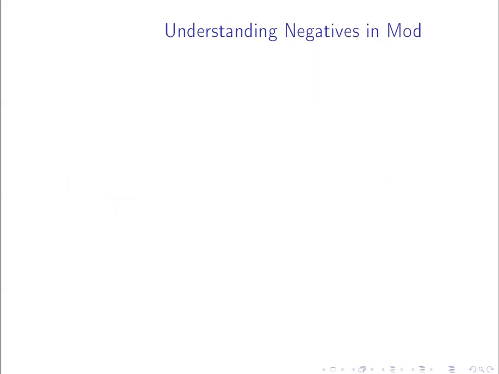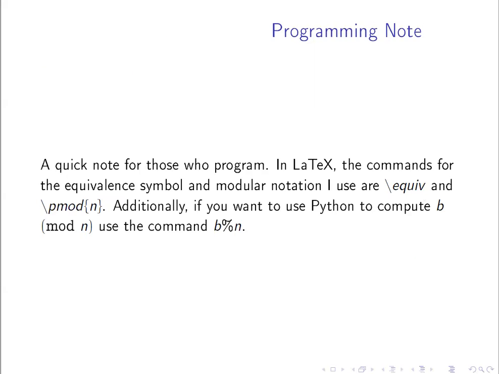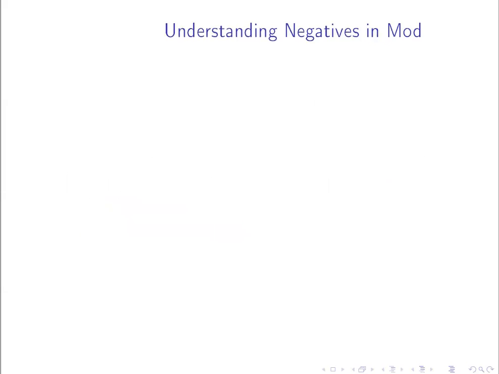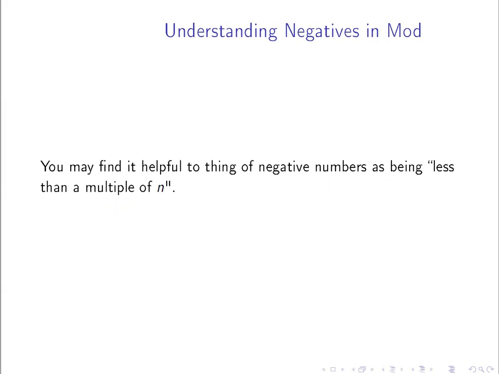Also, we have negative values. So I'm just going to rewind 1 second. I defined A and B, notice in all these situations, to be any integers, not just positive integers. So we can have negative values. The way to think about negatives in this is that a negative is less than a multiple of n. So -2 is 2 less than a multiple of whatever n we're dealing with.